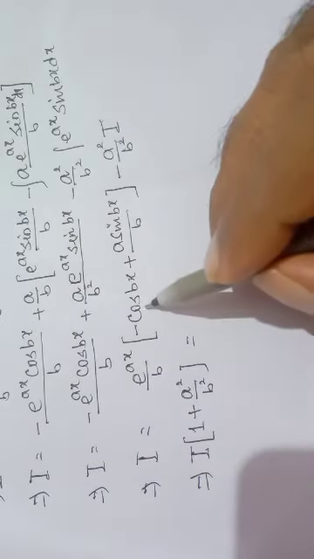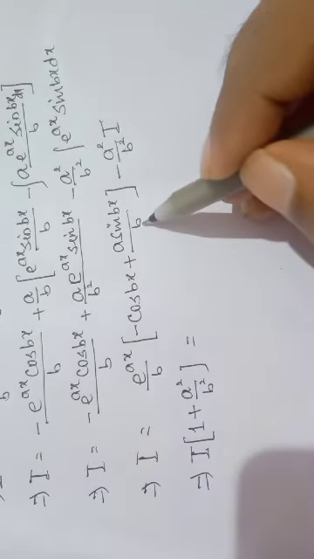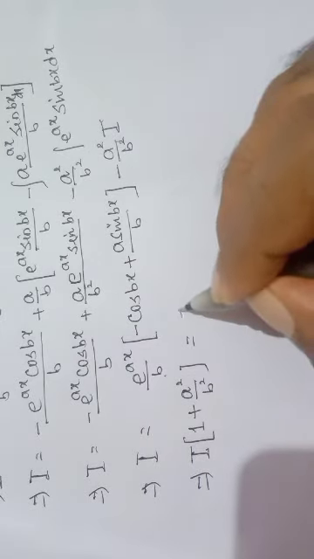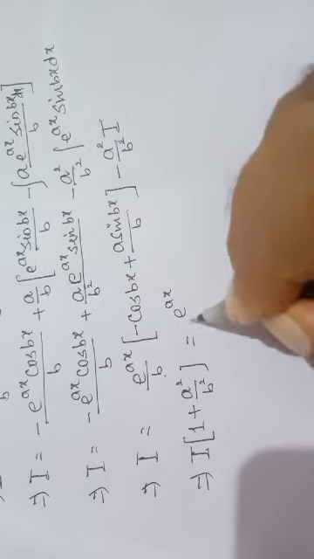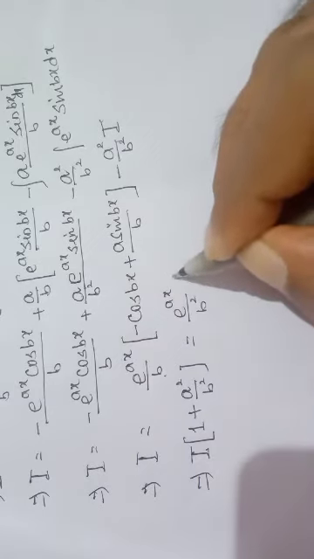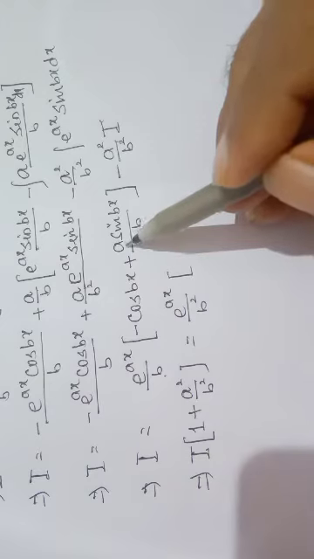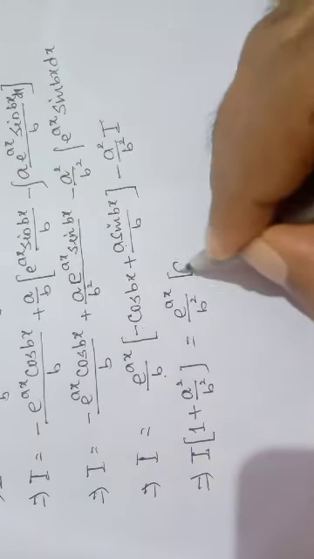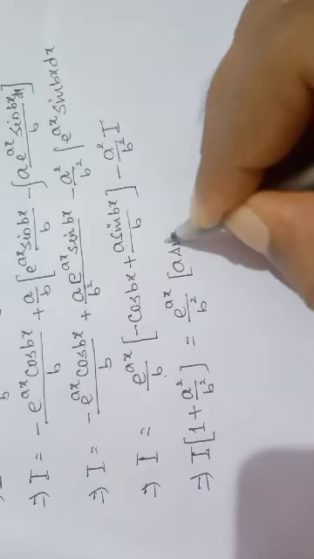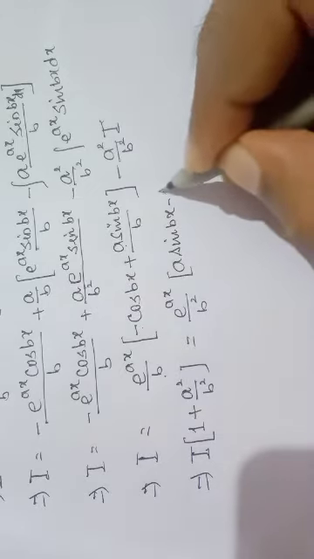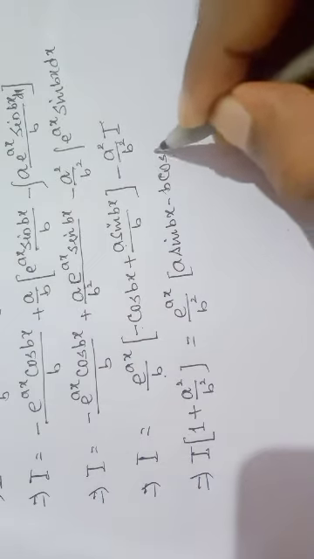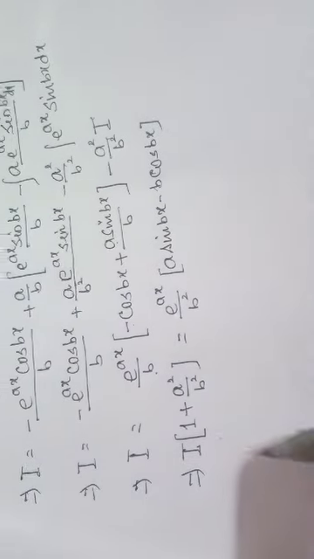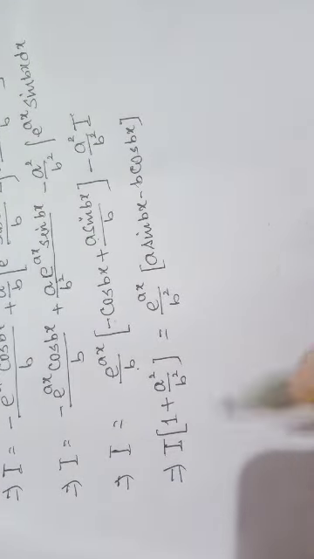Take out the LCM here, b square will be the LCM, so e to the power ax upon b square, and within the bracket it should be a sin bx minus b cos bx. Take out the LCM on the left side.